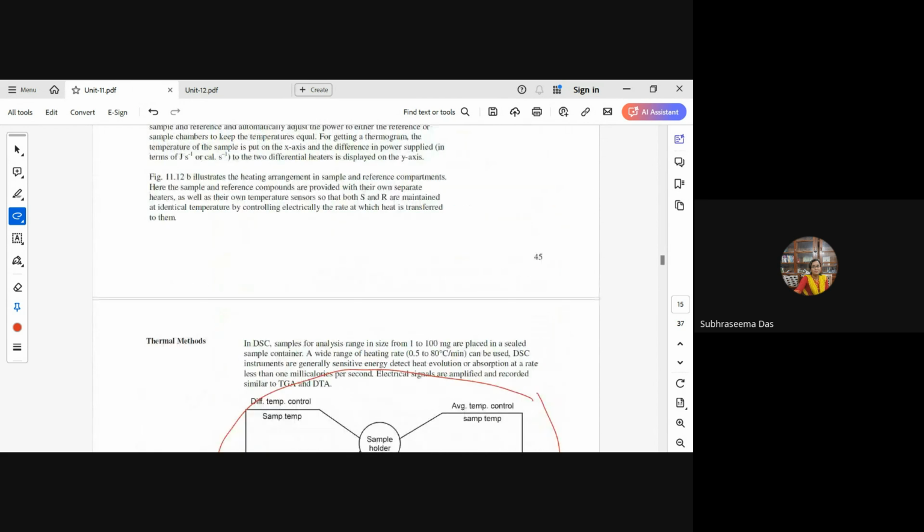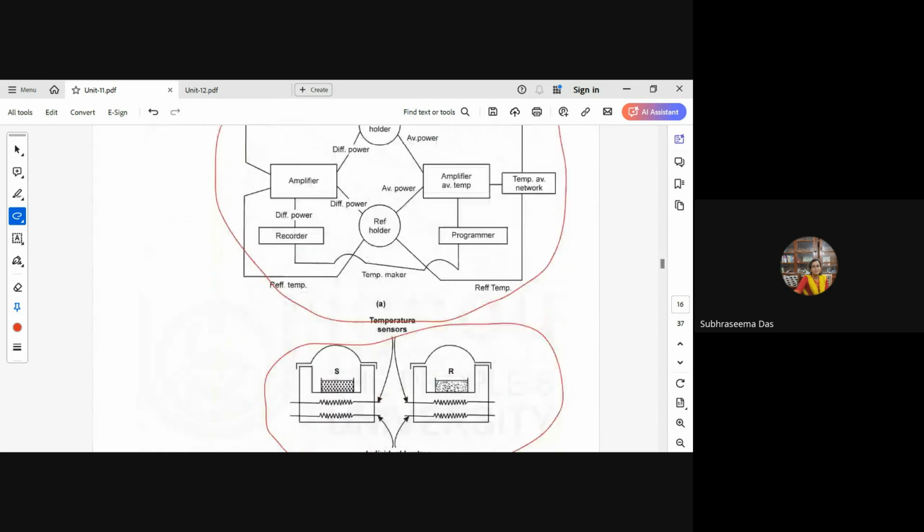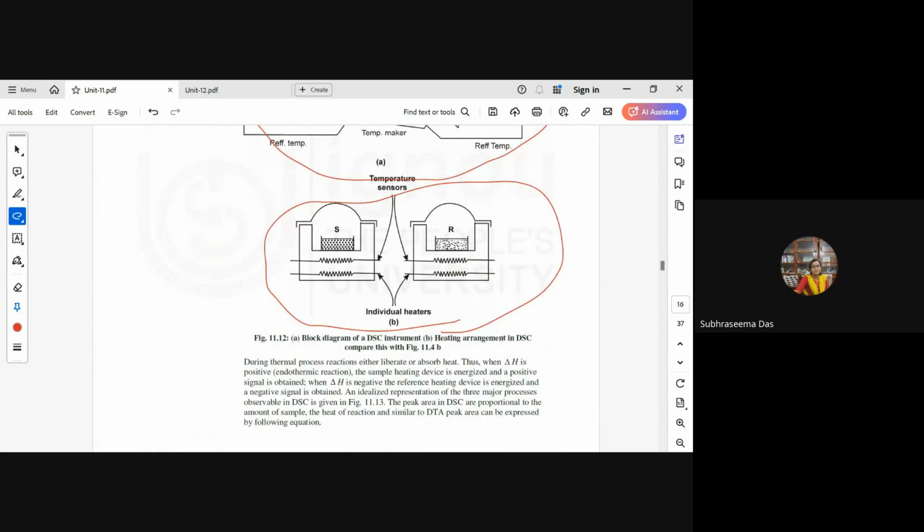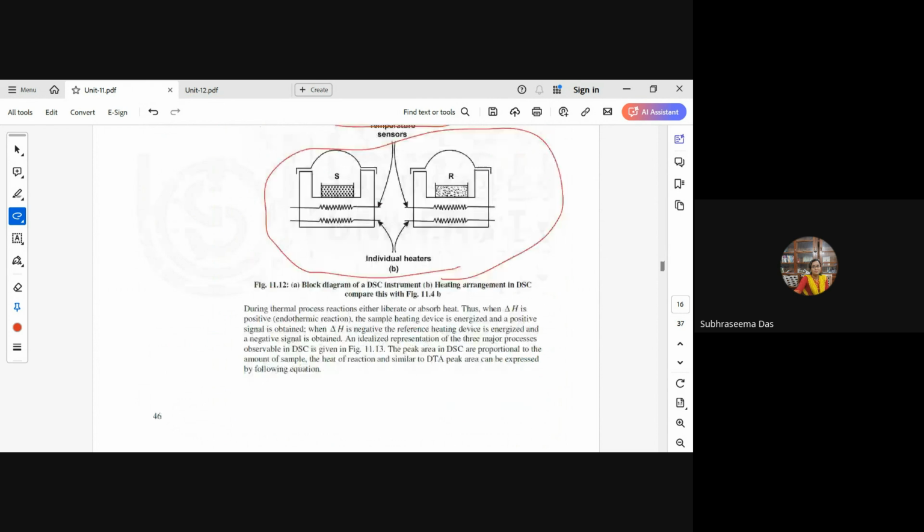They remain identical by electrically controlling the rate at which heat is transferred to them. Both the sample and the reference, S and R, have been given their own compartments, with individual heaters which maintain or regulate the temperature in them.